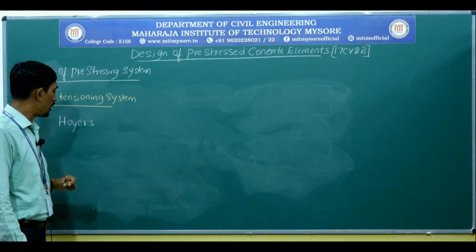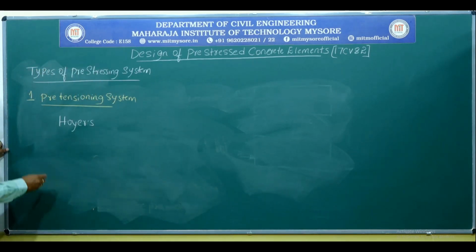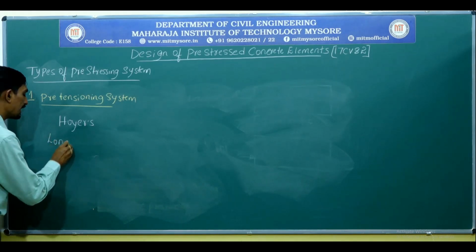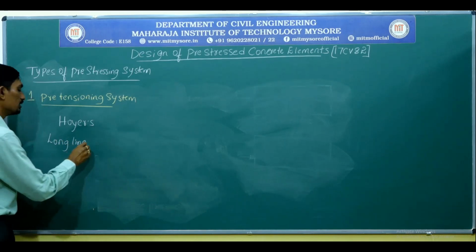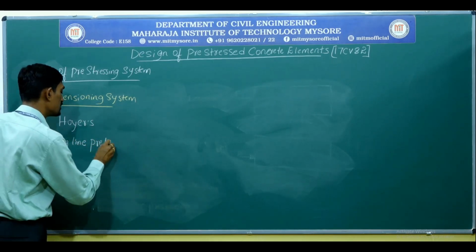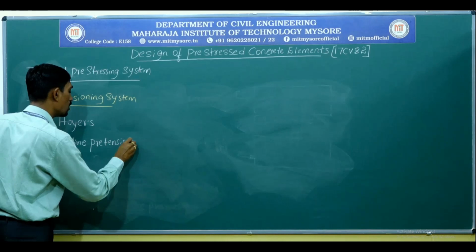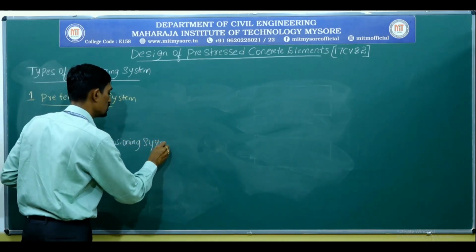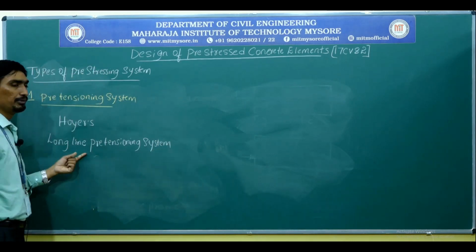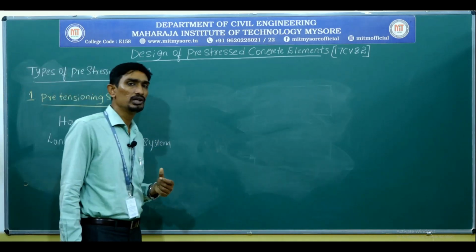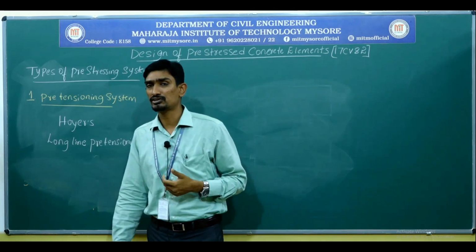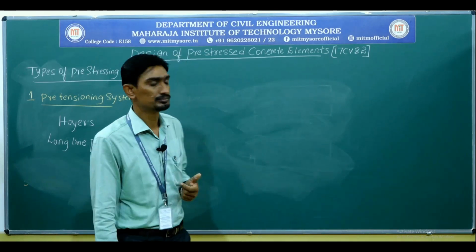Okay, and this pre-tensioning system is also called the long line pre-tensioning system. So let us know what is the meaning of this and how this pre-tensioning system has been developed.